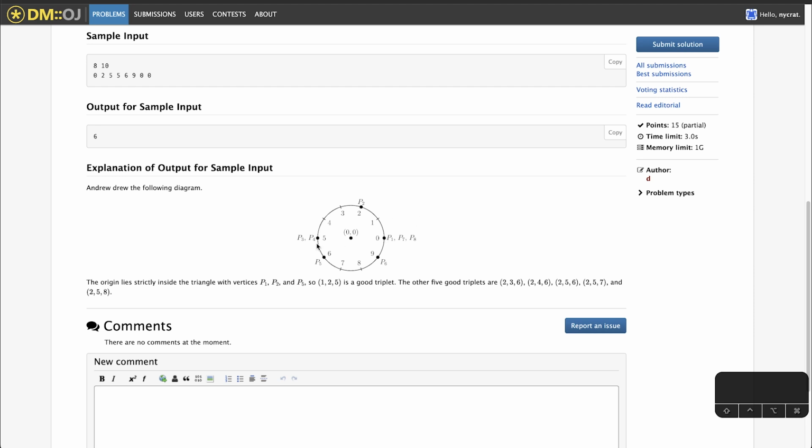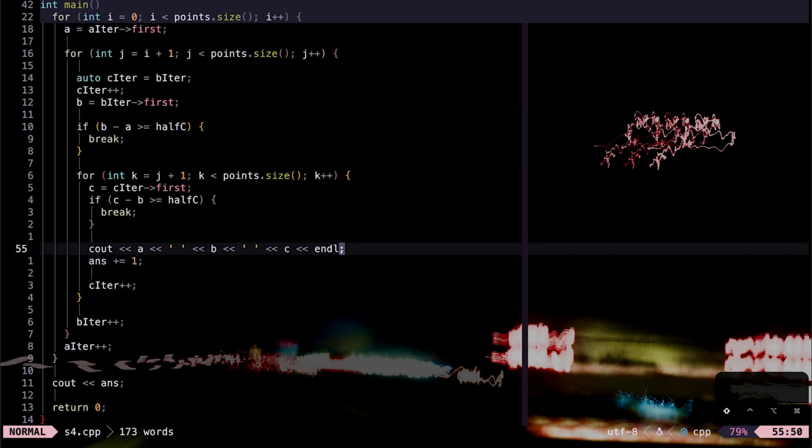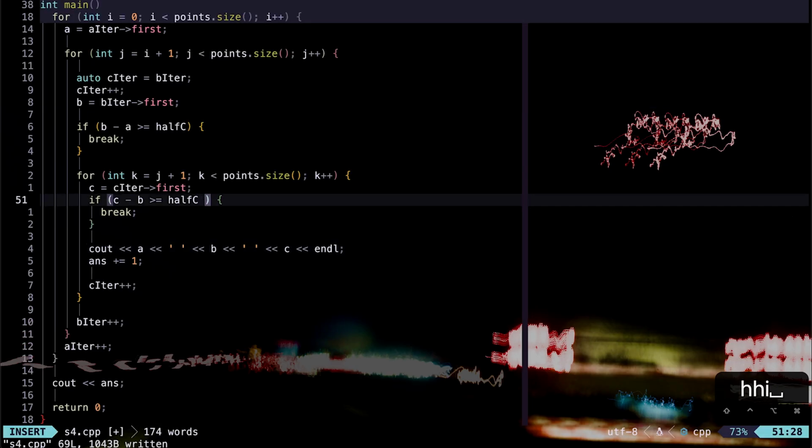Oh, we also have to find that the difference between this is greater.